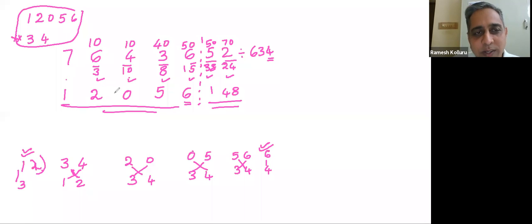If you want to write the answer in one line, it is important to follow this procedure. So 12056 is my quotient and 148 is my remainder.